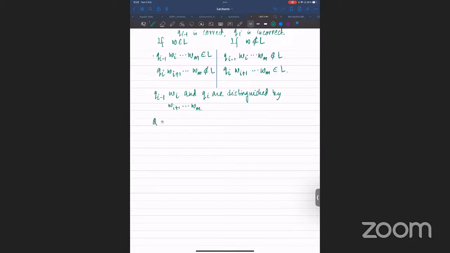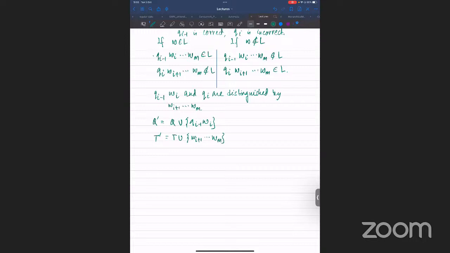Now you consider Q prime equal to Q union Qi minus 1 Wi. So Qi was already there, Qi minus 1 was already there, right? And I'm adding this new string, Qi minus 1 Wi, and I'm adding to T prime, T union Wi plus 1 to Wm.